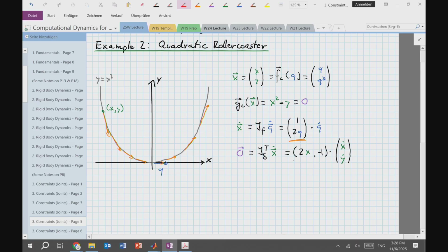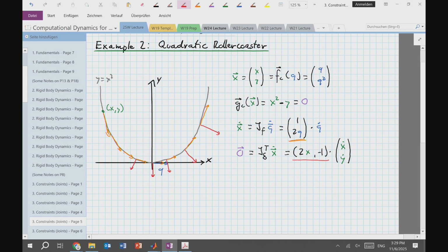The directions in which I cannot move are orthogonal, right? 2x and minus 1, so at position x equals 0, this points straight down with a minus 1. If I move to the right, I still get minus 1 in the y direction, and then 2x in the x direction.